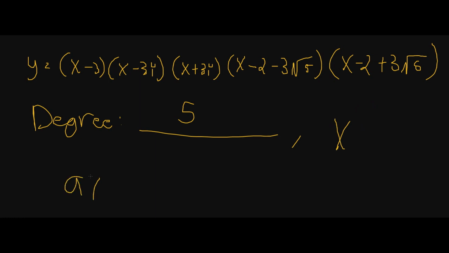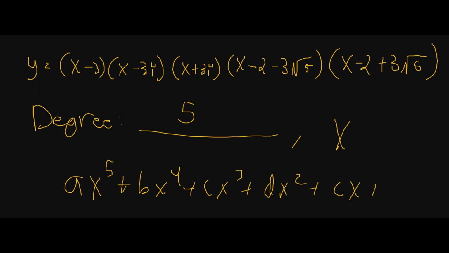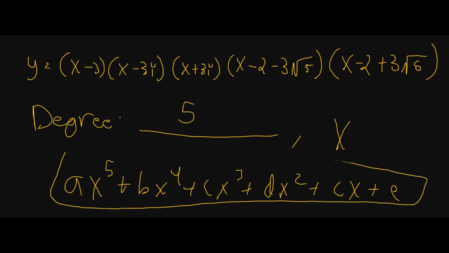We would have something like ax to the 5th power, and I don't know what these numbers are, that's why I put a, plus bx to the 4th plus cx to the 3rd plus dx squared plus cx plus e. That would be the equation, and we know it should be degree 5. Okay, hopefully that helps. Have a good one.